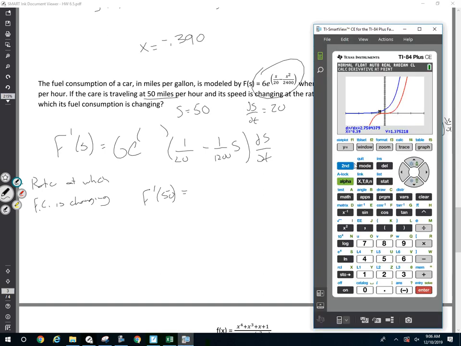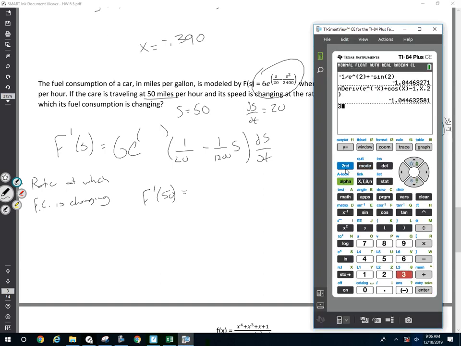I'm going to show you a different way to get this answer. 6e to the 50 over 20, got to be very careful, minus 50 squared over 2400 times 1 over 20 minus 1 over 1200 times, it's going to divide first, then multiply by the 50. I'm not worried about that. Times ds dt, 20.